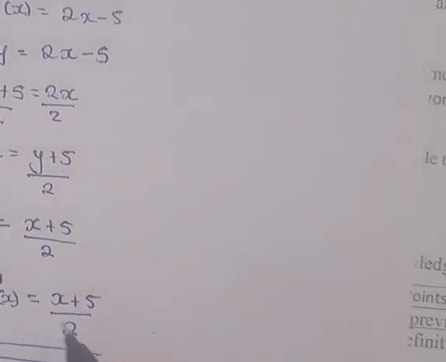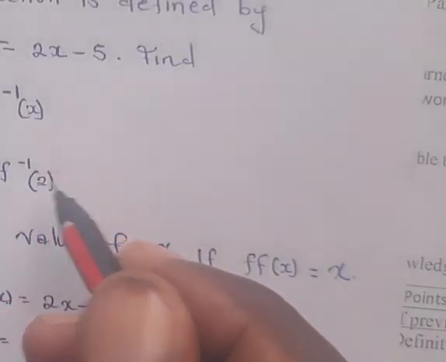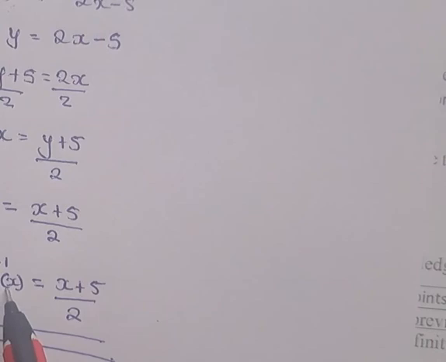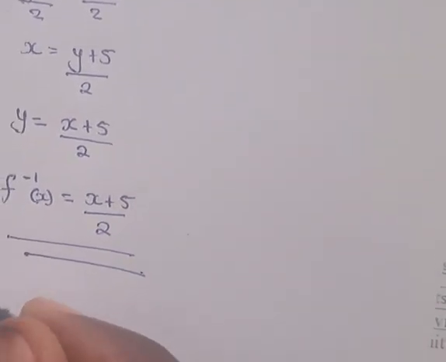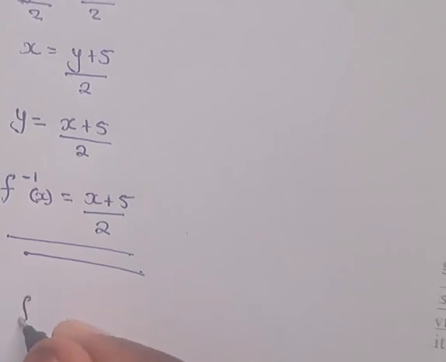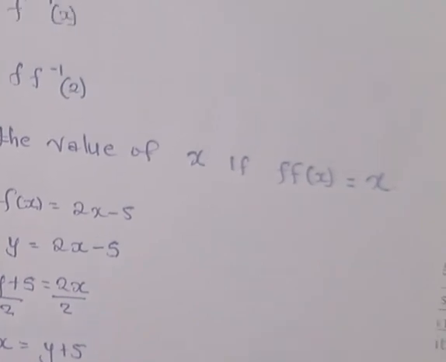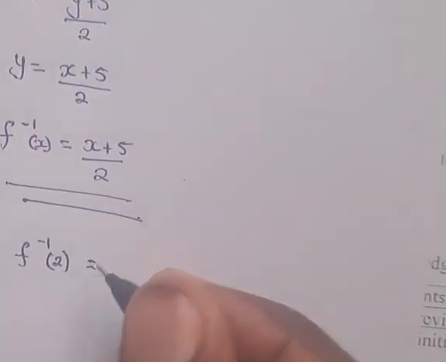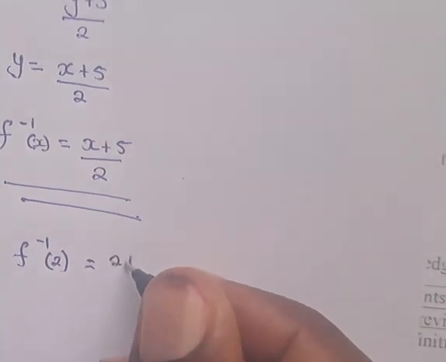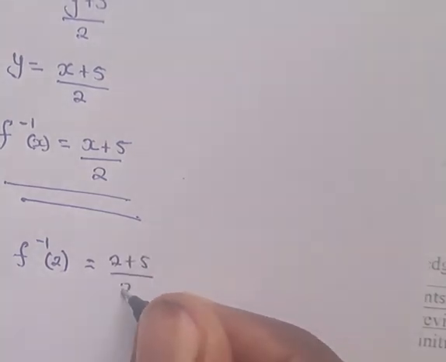So on this one here, since they're saying the inverse of 2, this is the inverse of x. Now they want the inverse of 2. So let me just say f inverse of 2, like these 2 here, is equal to, where this x we put 2, plus 5 over 2, right?